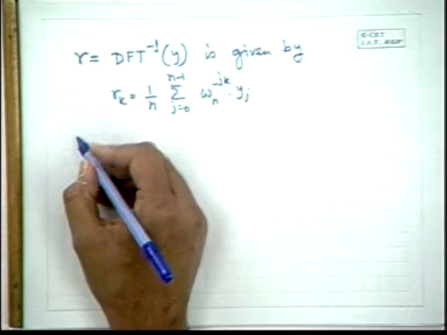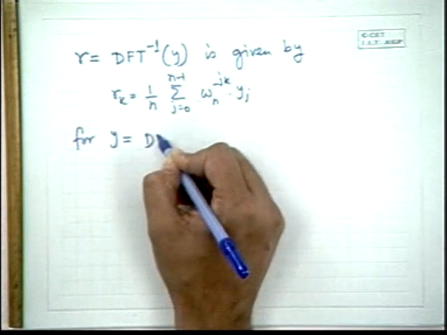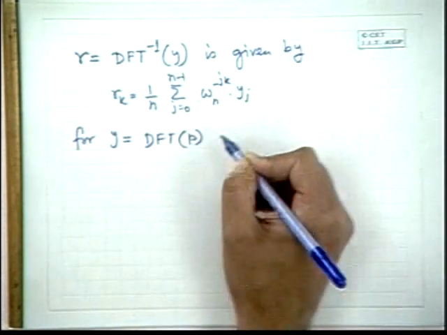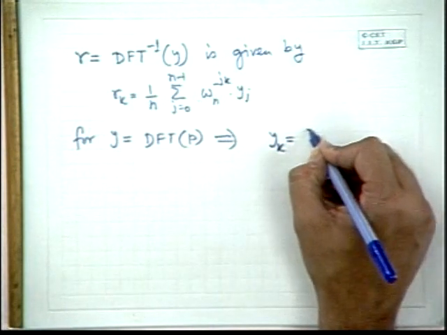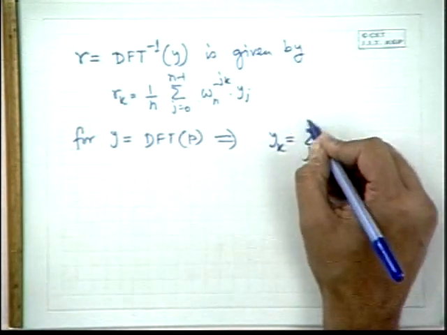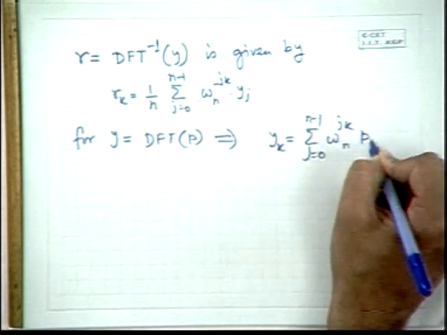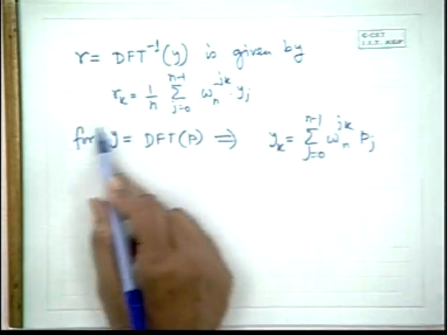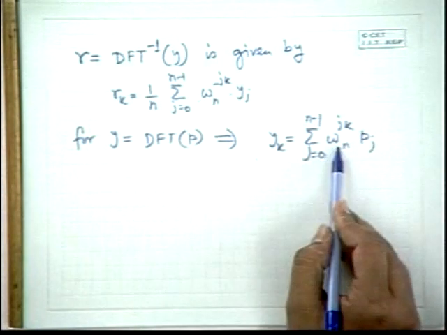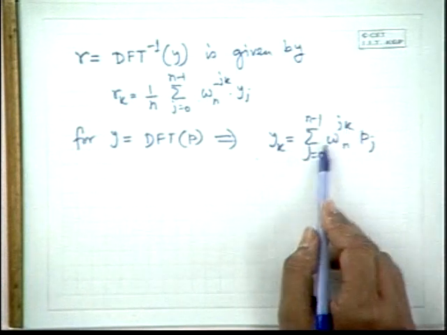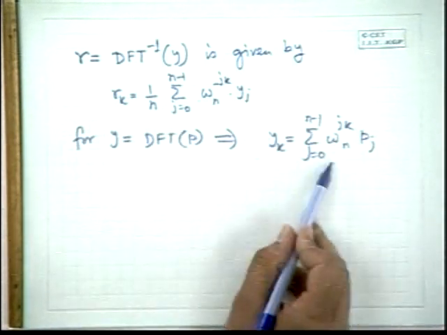And if you go back to DFT, suppose y is equal to DFT of p, what did we have? In that case we have the formula yk equal to the sum over j from 0 to n minus 1 of Wn to the jk times pj. That was the formula for DFT of p. I am writing this just to tell you the similarity between the formulas.